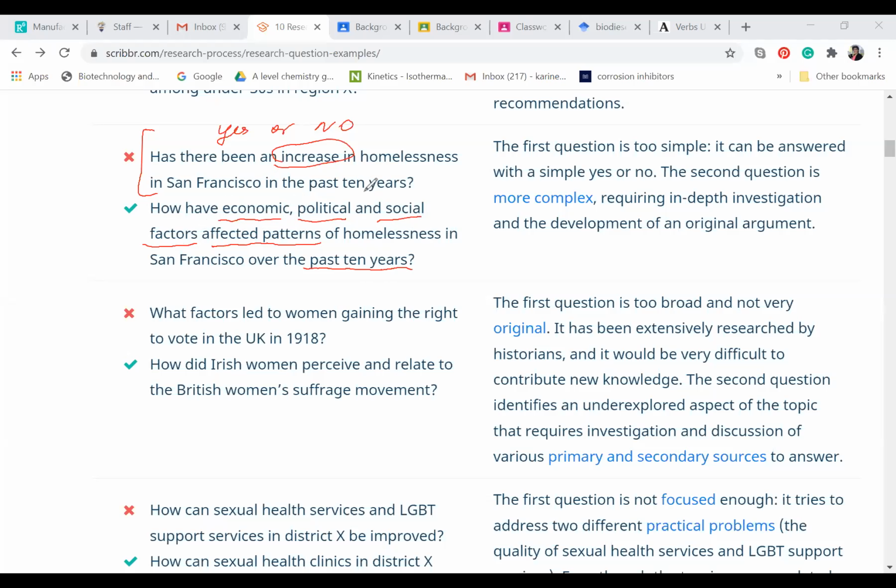How political factors affect homelessness, second sub-problem. How social factors affect homelessness, that's the third sub-problem. So can you see that your big problem here could have been easily broken into three big sub-problems? How economic factors, how political factors, and how social factors affect homelessness.